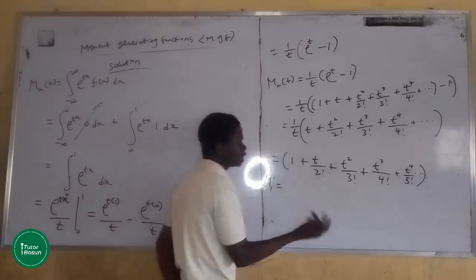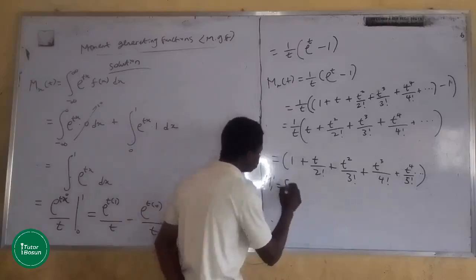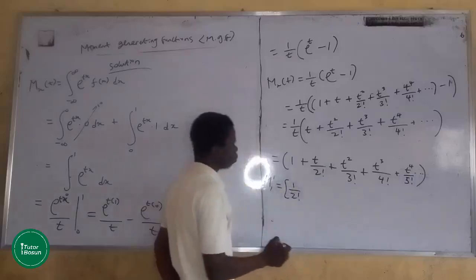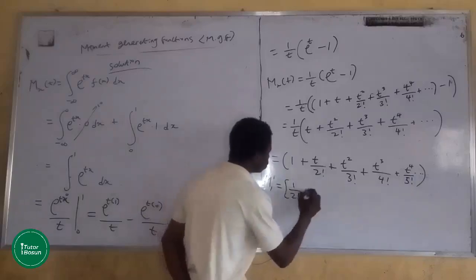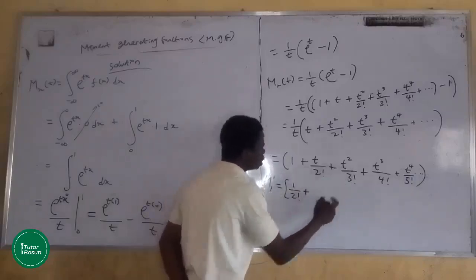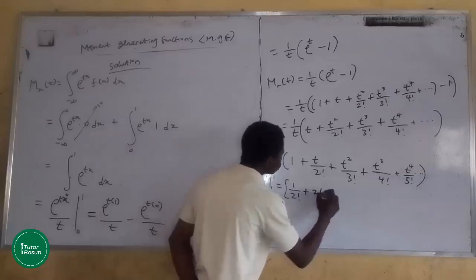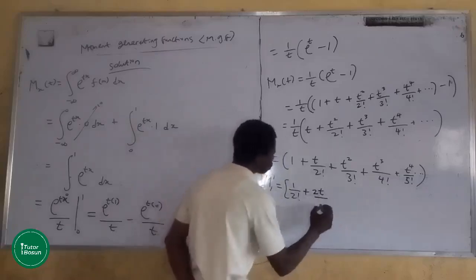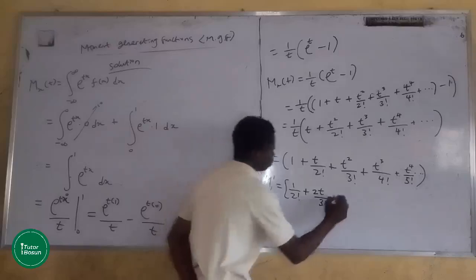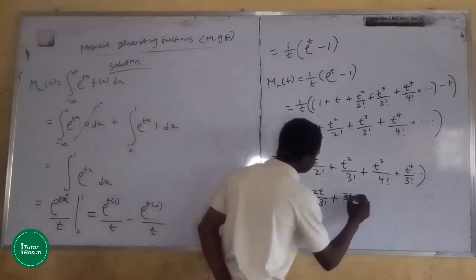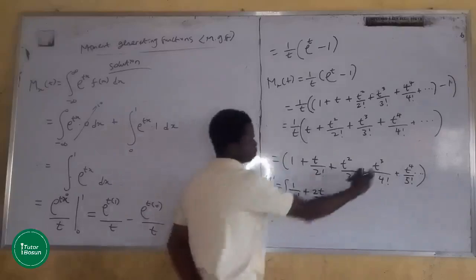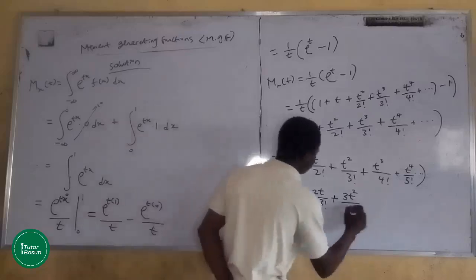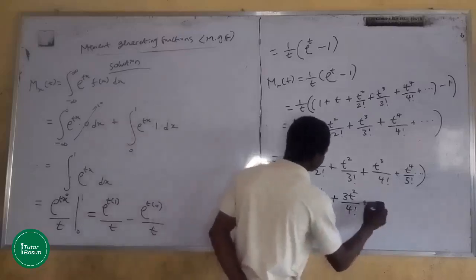That gives you 1, so this becomes 1 over 2 factorial plus, if you differentiate the next term, it becomes 2t over 3 factorial plus 3t squared over 4 factorial plus dot dot dot.